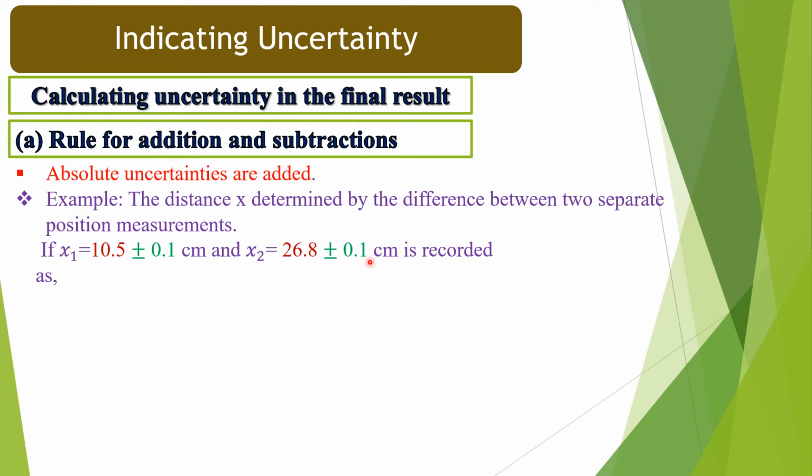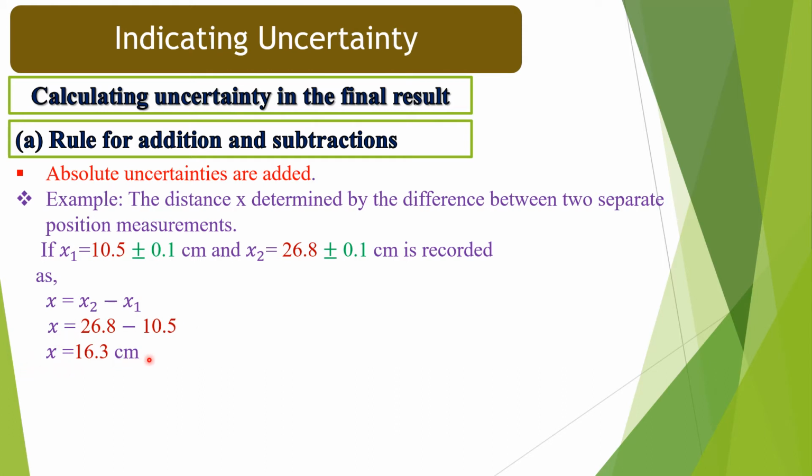For calculating the distance between these two positions, we subtract these, and for calculating uncertainty in the final result, we use the rule for subtraction. As x is equal to x2 minus x1, with x2 equal to 26.8 and x1 equal to 10.5, 26.8 minus 10.5 gives x equal to 16.3 centimeter.